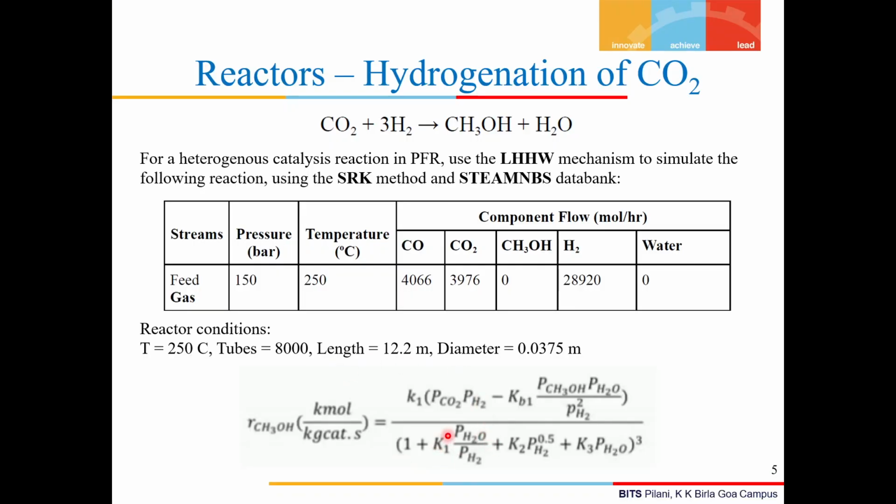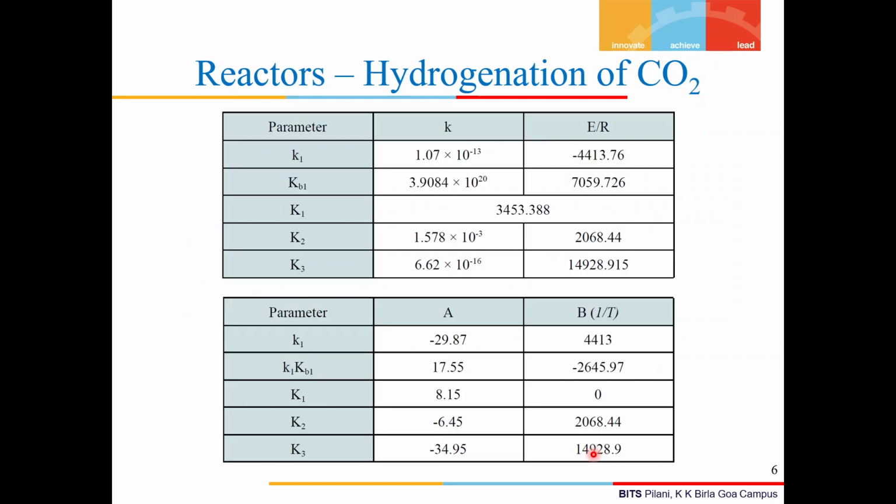Let's go to term 2. For term 2, similarly as I said before, we have K1 in term 2, K2 in term 3, K3 in term 4. We have to take ln of them, so we'll be getting the corresponding A and B values.